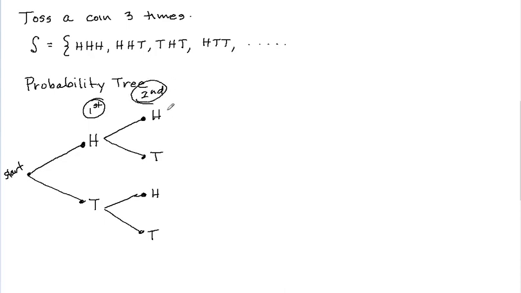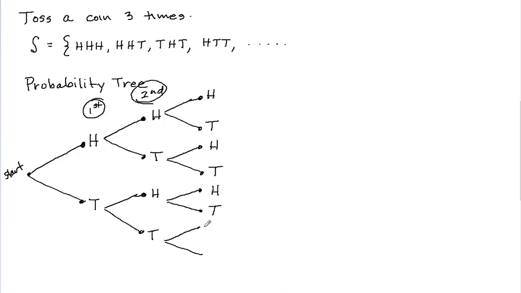Now we have to do our third coin toss. Could have 2 possibilities for the third toss: heads, tails. Heads, tails, heads, tails, heads, and tails. Okay, now we're just going to follow each branch of the tree and write down the sample space. So heads, heads, heads.